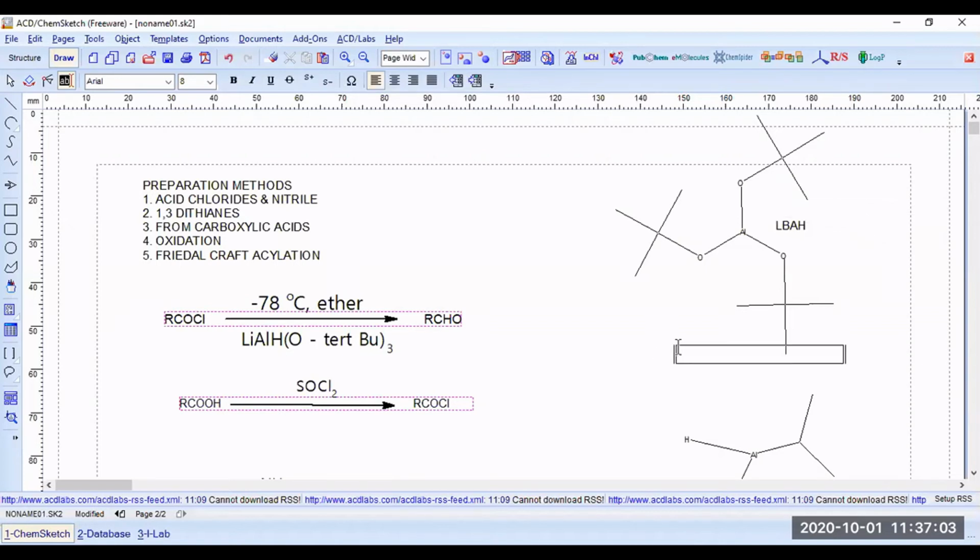Directly we are getting carbonyl compounds from that.